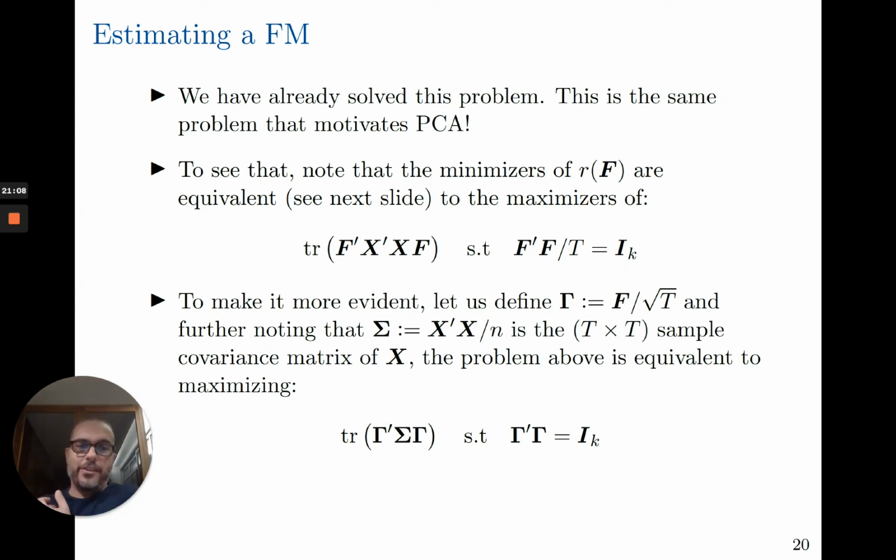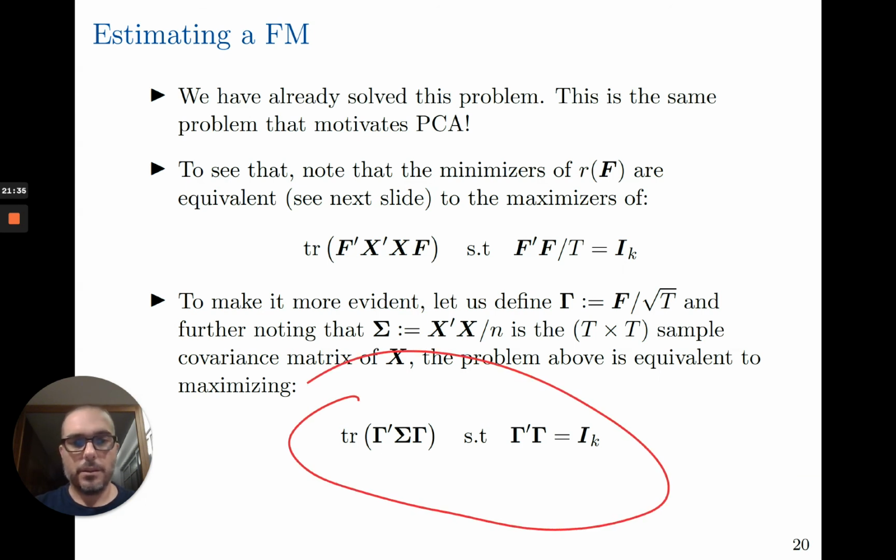To make it more evident, we can define gamma equals F divided by square root T, and noting that sigma equals X prime X divided by N is the sample covariance matrix of X, the problem is equivalent to maximizing gamma prime sigma gamma subject to gamma prime gamma equals 1. This is exactly the PCA problem. So we can find the factors by computing principal components.